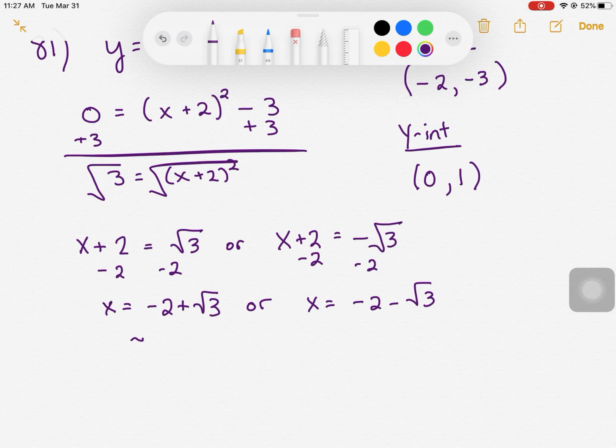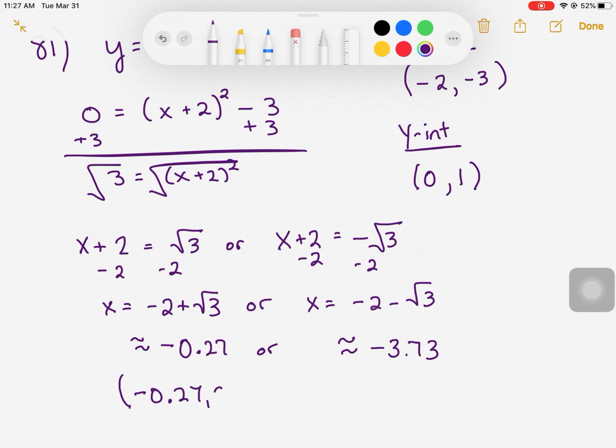But we could also punch this into our calculator and get approximations, and notice that I'm switching over to approximately equal. -2 plus the square root of 3 is approximately negative 0.27. And over here, -2 minus the square root of 3 is approximately negative 3.73.